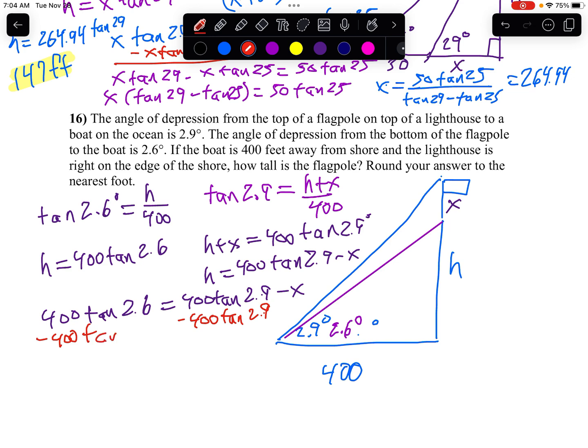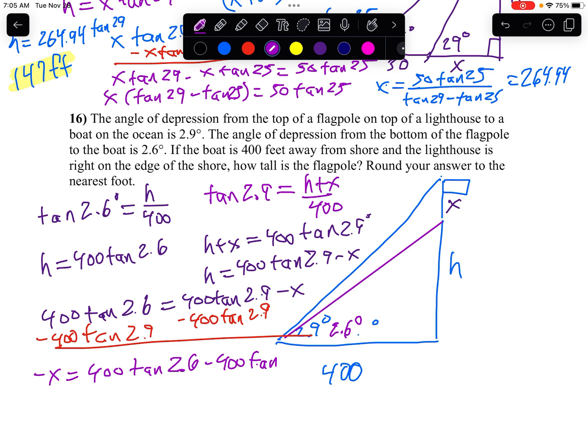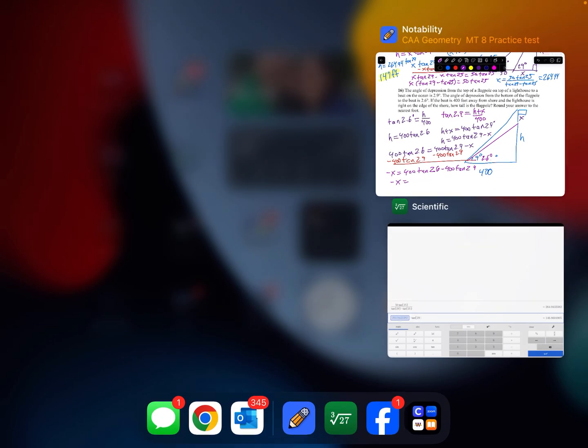So we're going to say negative x equals 400 times the tangent of 2.6 minus 400 times the tangent of 2.9. So in other words, negative x, let's use our calculator now.